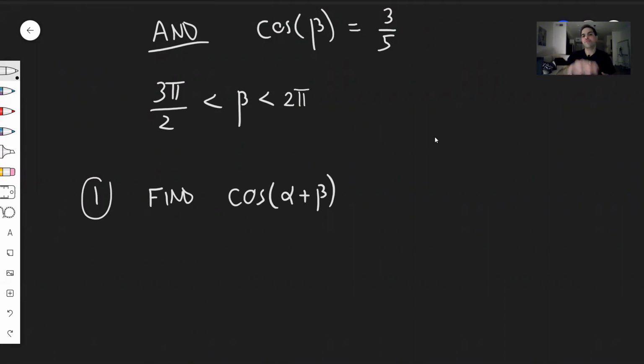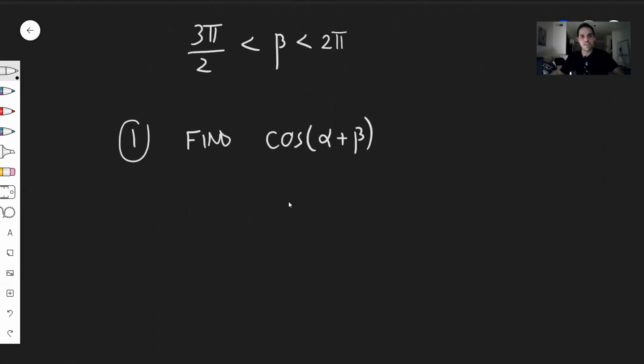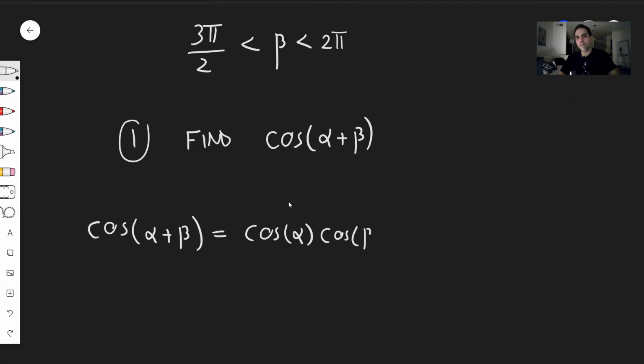No, no, no. If you see cosine of alpha plus beta, you have to use the sum law of cosines, which just says the following: cosine of alpha plus beta equals cosine of alpha cosine of beta minus sine of alpha sine of beta.